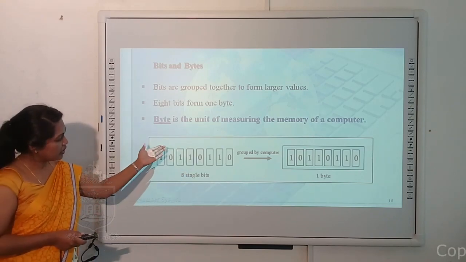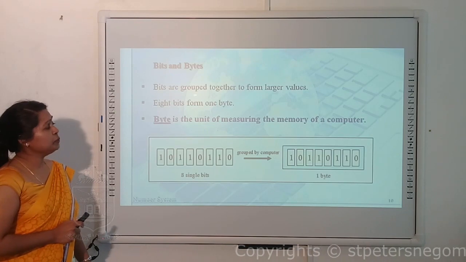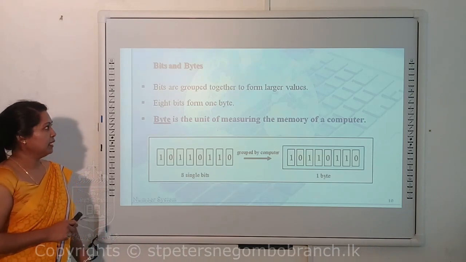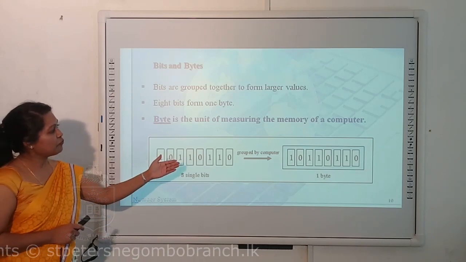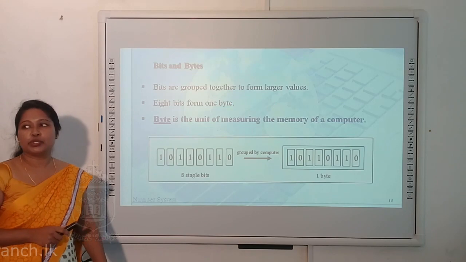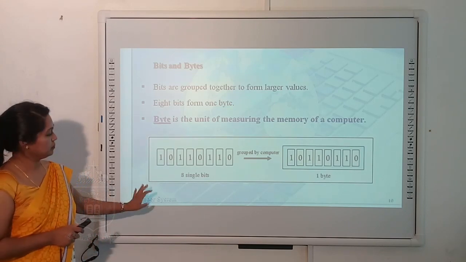Here, a series of 8 bits. Bits are grouped together to form a larger value. Then 8 bits form 1 byte. Then the byte is the unit of measuring the memory of a computer.